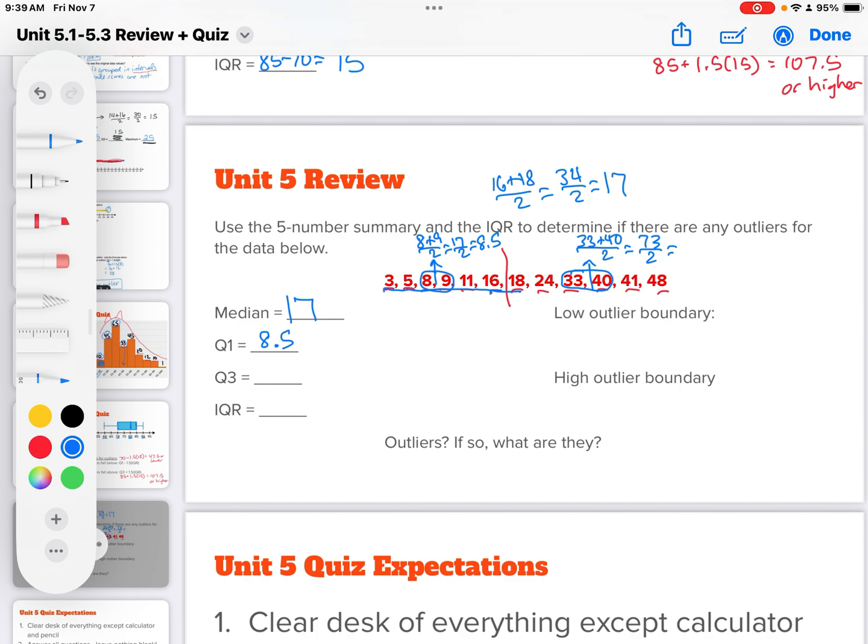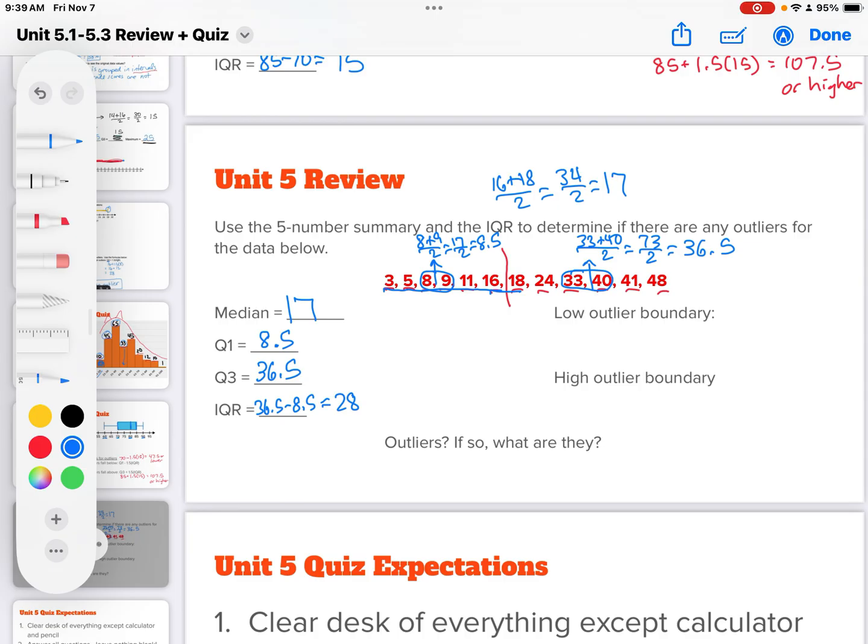Let's figure out what that is. 73 divided by 2 is 36.5. Your interquartile range is just 36.5 minus 8.5, and that gives me 28.